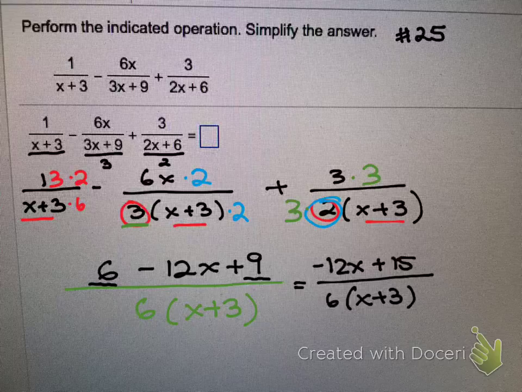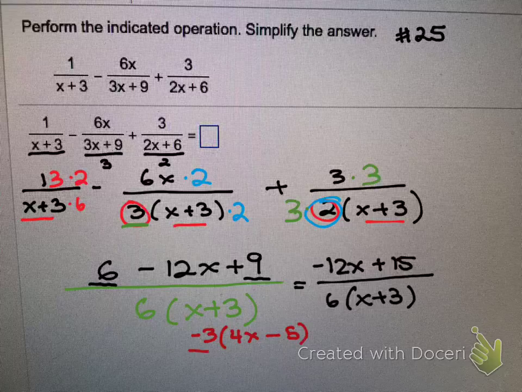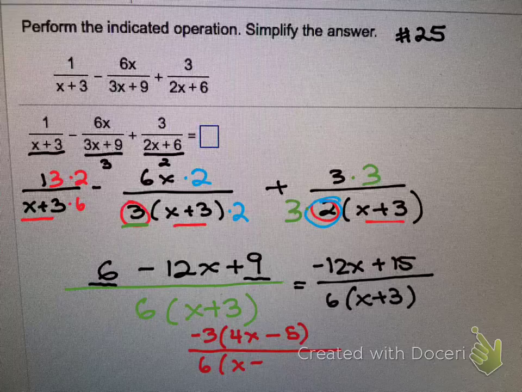In the numerator, the greatest common factor is 3. And since it starts with a negative, I have to factor out a negative 3, which leaves me with 4x minus 5 all over 6 times x plus 3.